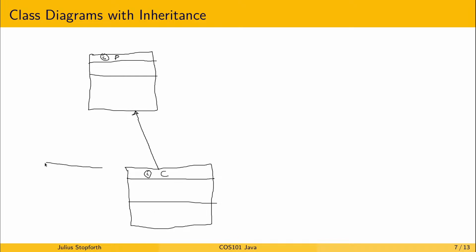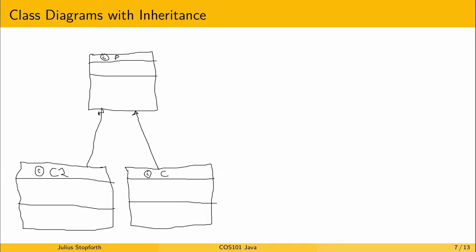If we had another child of the parent, we would do exactly the same thing, where we'd say it's a class, and this is Child 2, and this also inherits over here with a hollow triangle. So this is how we show inheritance. Now we can see at a glance what's the most generic, or core, class to understand: that would be this class over here, because these are all pointing up.